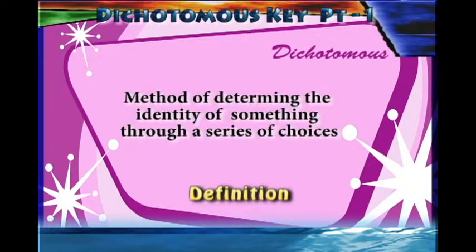Put together as a dichotomous key, it becomes the method for determining the identity of something by going through a series of choices that lead the person to the correct name of that particular item.